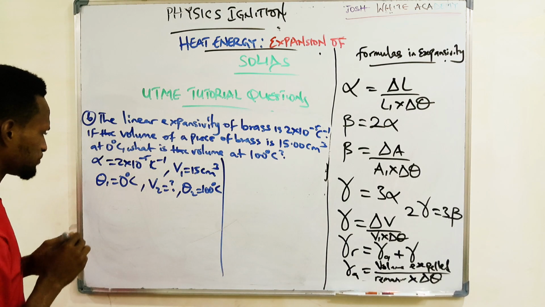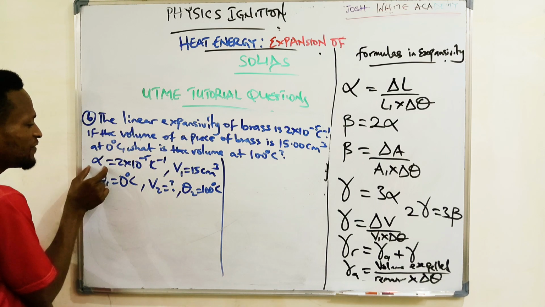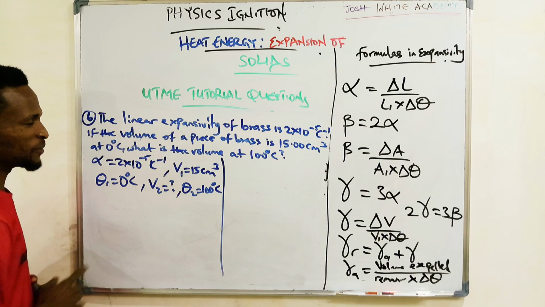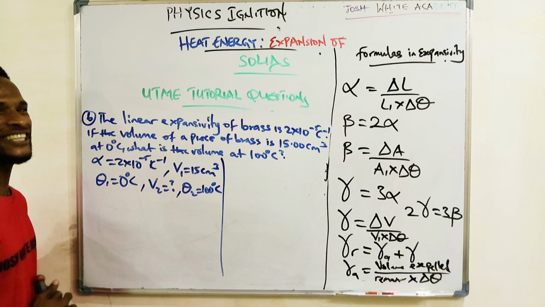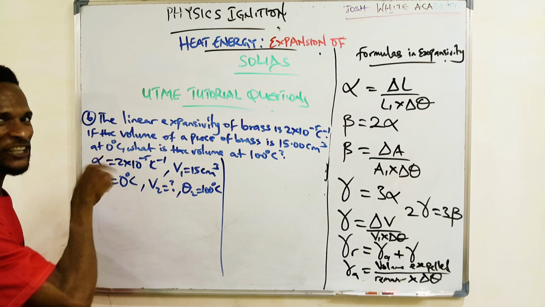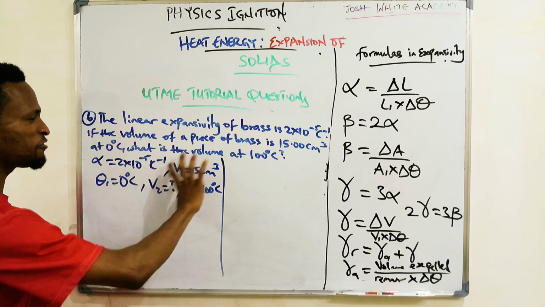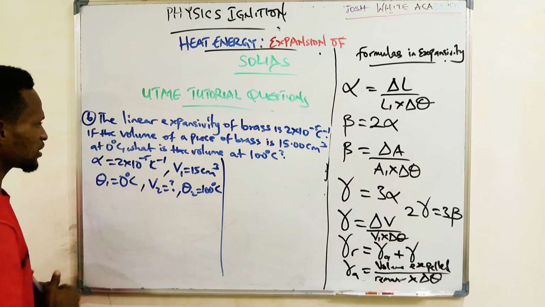But now see, we are dealing with volume, but we are given linear expansivity. This is to check if truly the student understands what he needs. We don't need linear expansivity actually in this question because we are given volume, a 3D kind of calculation.